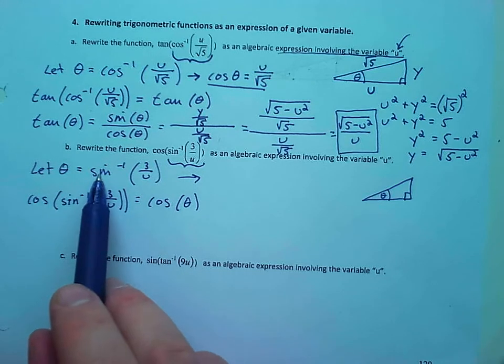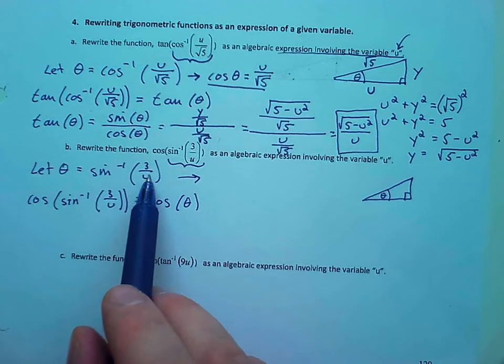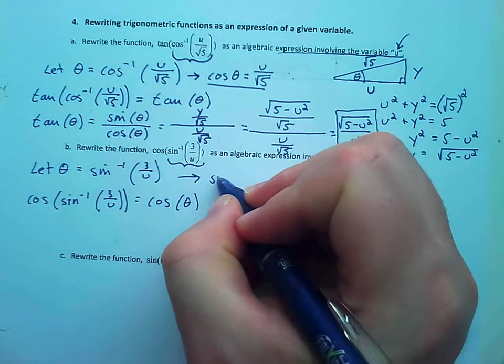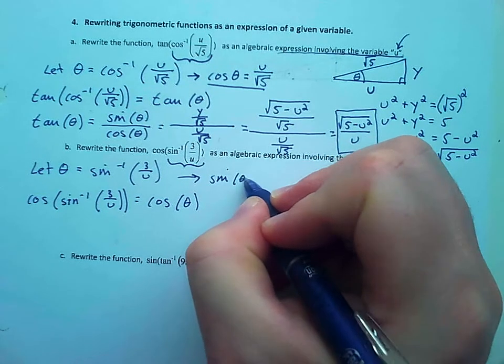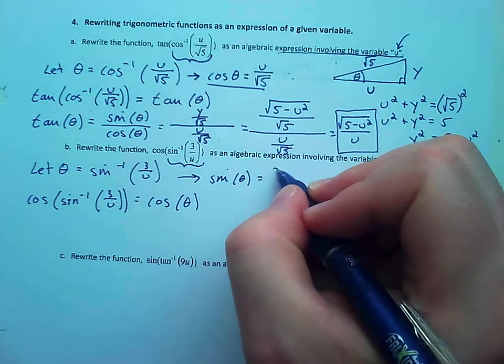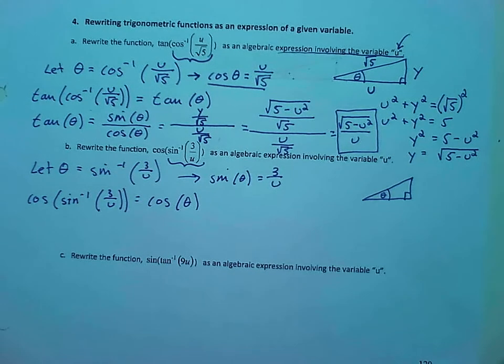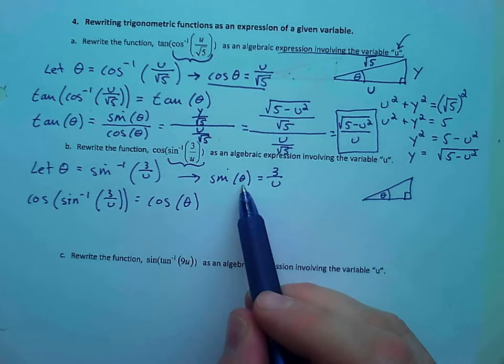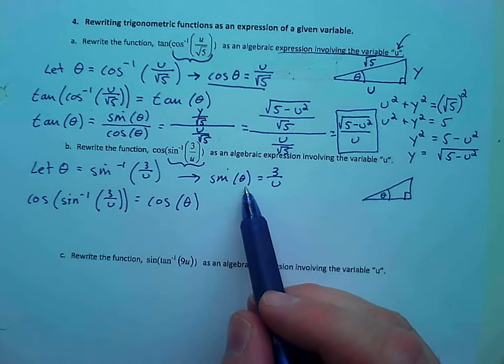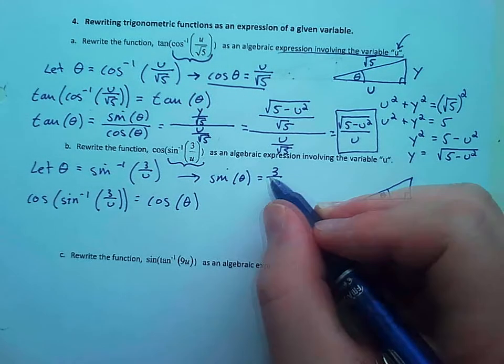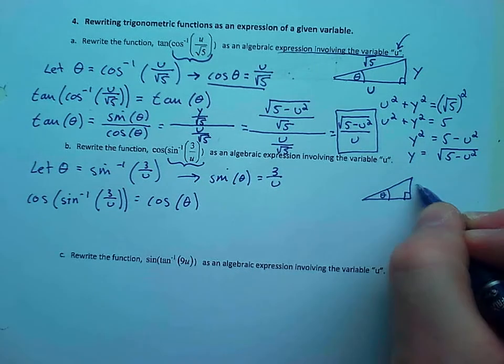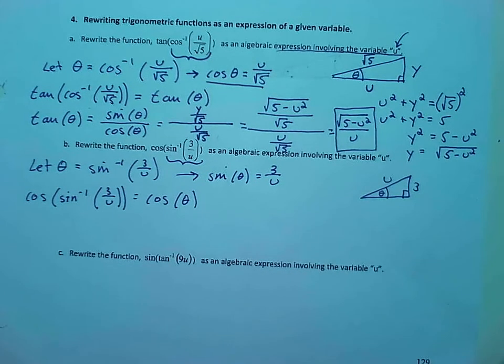Just like we did in section 1 in this lecture video, we have the arc sine of 3 divided by u. We can rewrite this as the sine of theta being equal to 3 divided by u. That's what we kept doing in part number 1 in this lecture video. The sine is equal to the opposite over the hypotenuse. So therefore, this is going to become 3 divided by u.